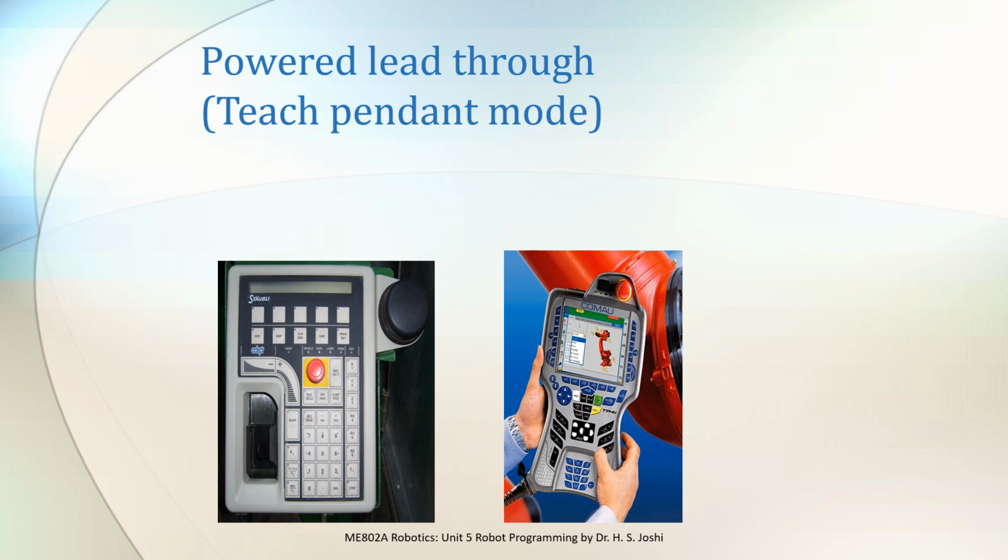For example, for teaching the robot about a particular point, we may just use the teach pendant, whereas for the operation to be done at that particular point, we may use the textual programming language, or we may use the powered lead through at some particular part of the program, and we may use a manual lead through for some particular part of the program. As mentioned earlier, a link has been provided in the description to this video, where you can see a small video about operating a robot with the help of powered lead through.